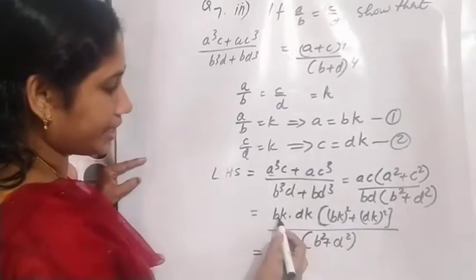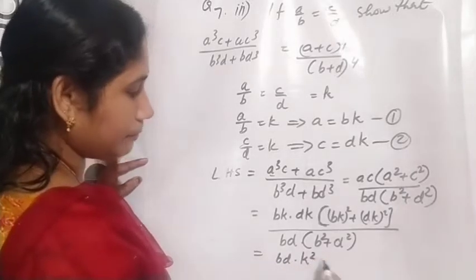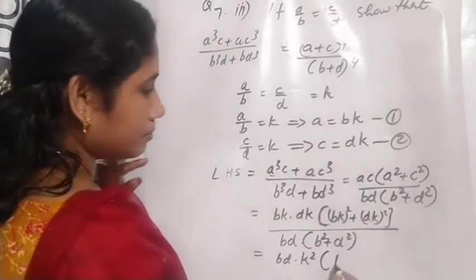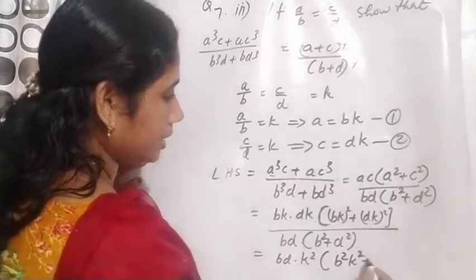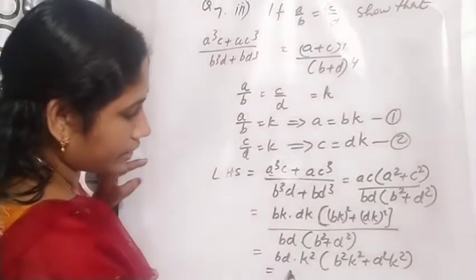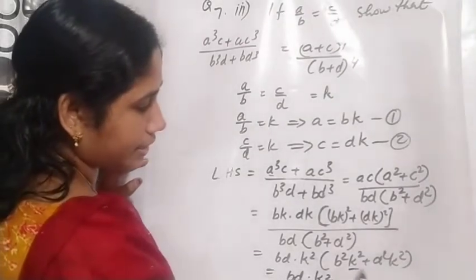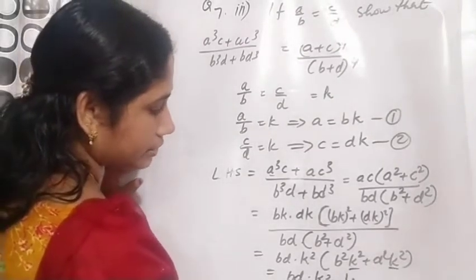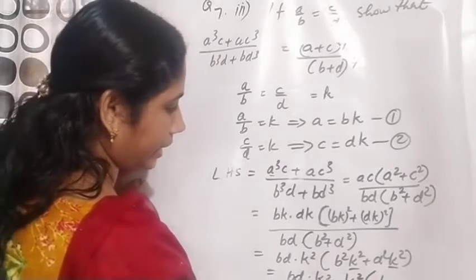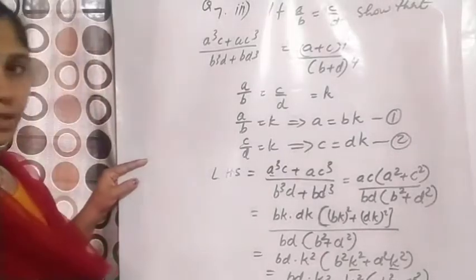That's equal to BD into K square into (B square K square plus D square K square). You can write BD into K square, and here you can see the K square is common factor, and inside the bracket there is B square plus D square only. Okay.